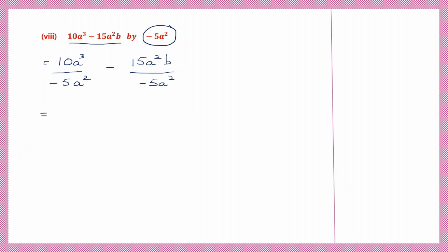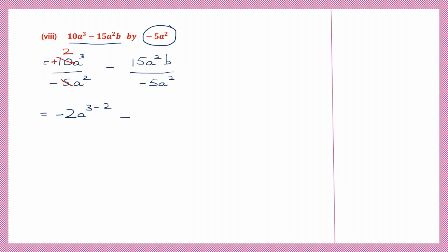Here the sign is plus, so plus into minus is going to give us minus. Then let's cancel 5 and 10. 5 2s are 10, so we've got our number 2. Now let's look at a. We have here 3 and 2, and because it's division, we're going to subtract the powers. So it's going to become 3 minus 2.